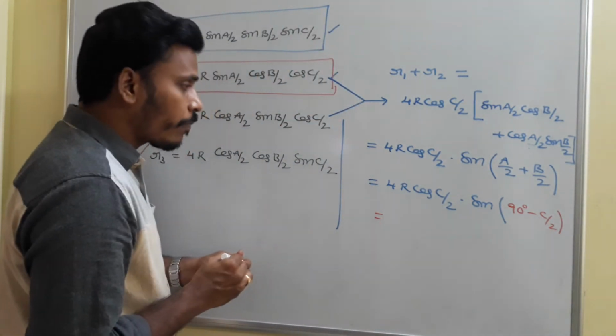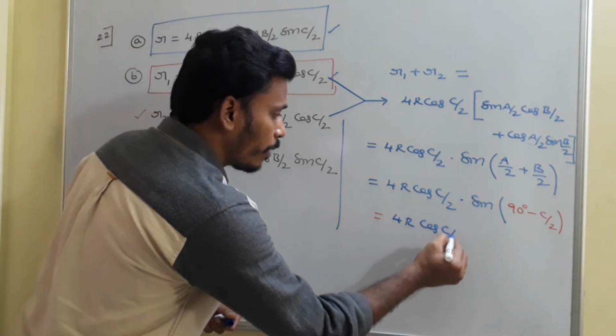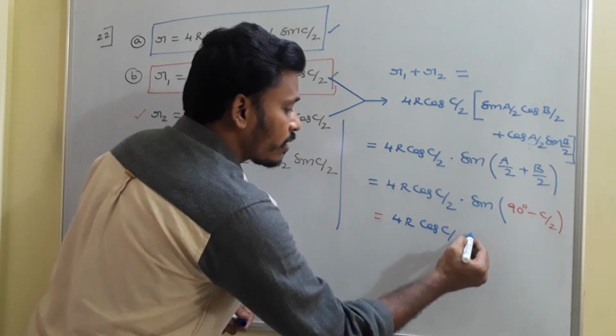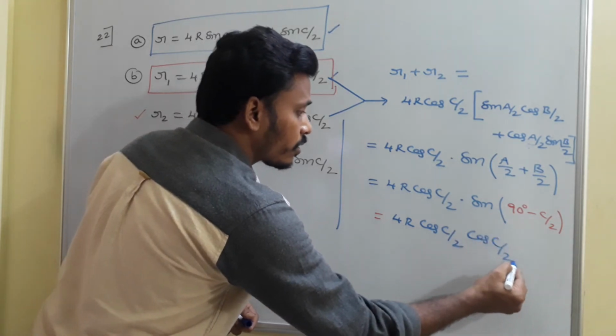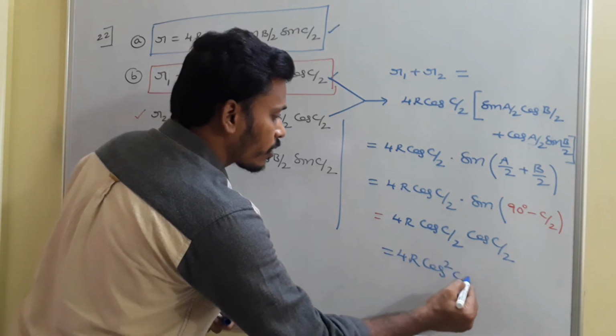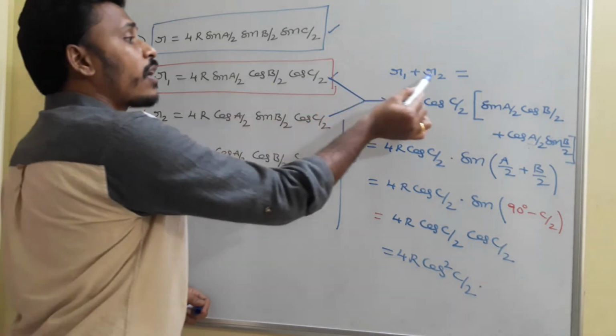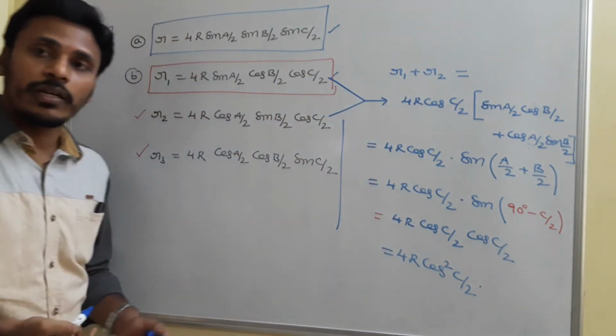So in the next step, this is 4r cos c by 2. Sin of 90 minus c by 2 is simply cos c by 2. And it results in 4r cos square c by 2. Just have a look. R1 plus r2 is 4r cos square c by 2.